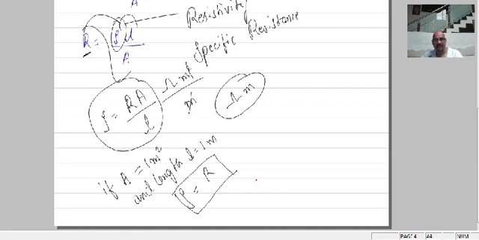Resistivity is defined as the resistance of the conductor of 1 meter length and unit cross sectional area, 1 meter square cross sectional area. What is the SI unit of resistivity? Ohm meter. What is the SI unit of resistance? Ohm. Okay. Hope it is clear. And reciprocal, see that rho is equal to 1 divided by sigma, or sigma is equal to 1 divided by rho.